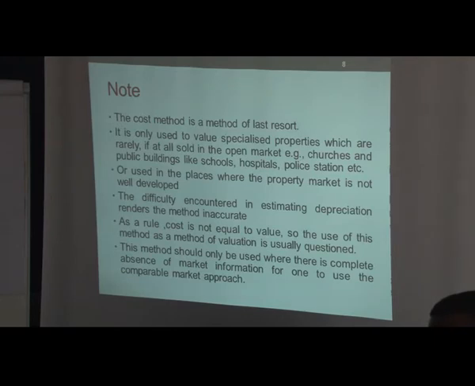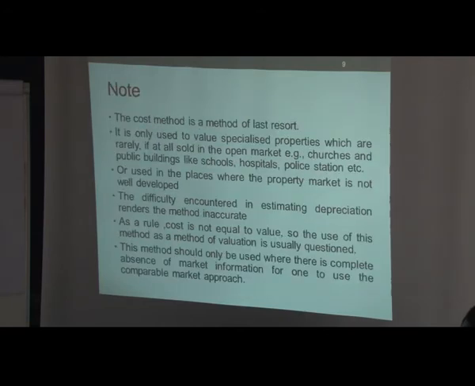For that reason, depreciation becomes just an estimate, which renders the whole valuation process also just an estimate. So please avoid the cost method of valuation as much as possible. Only use it as a method of last resort. Okay.